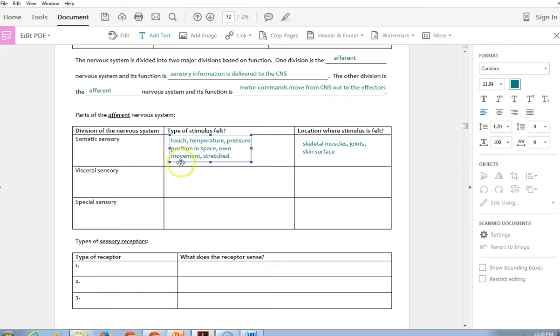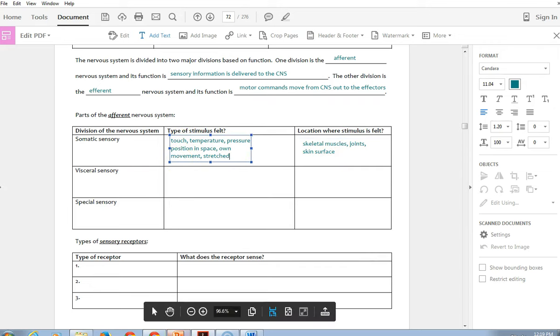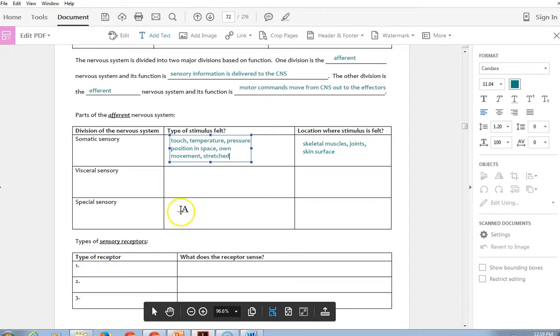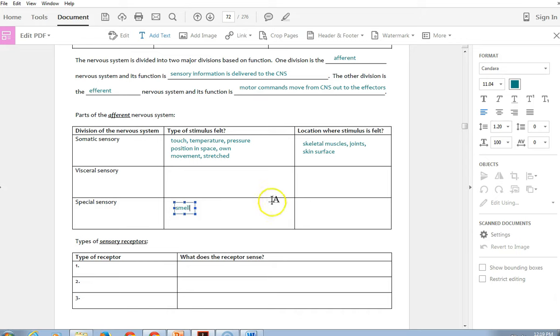Another example on this figure here: it tells you smell, taste, vision. Is that a location or is that the type of stimulus? Hopefully you said that's the type of stimulus. Smell is a type of stimulus, but where is the location that senses smell?